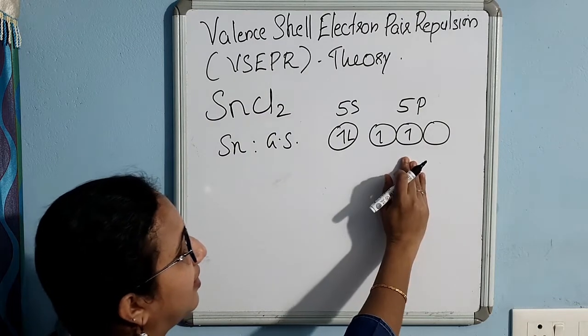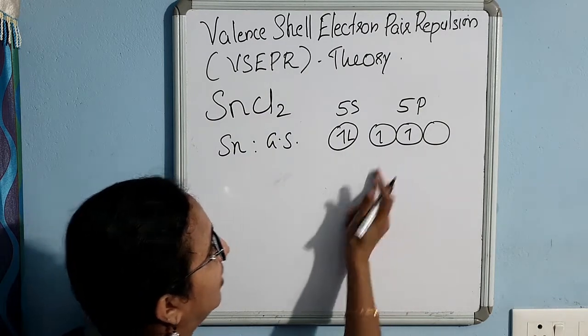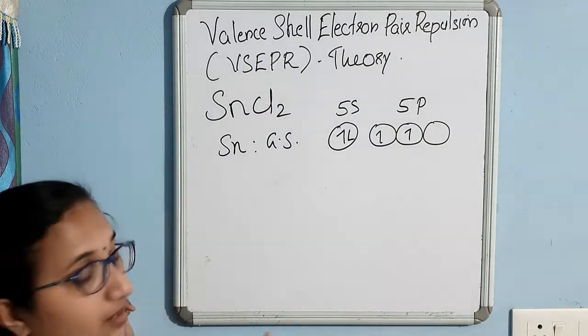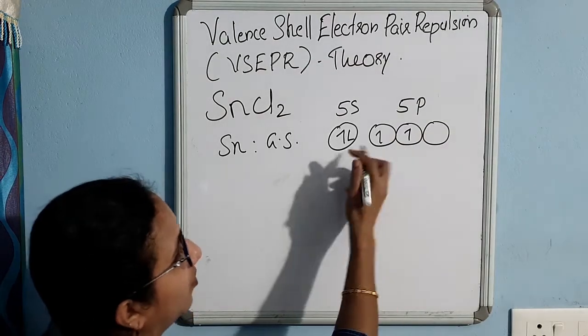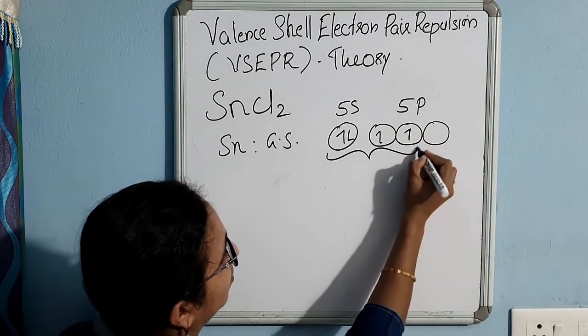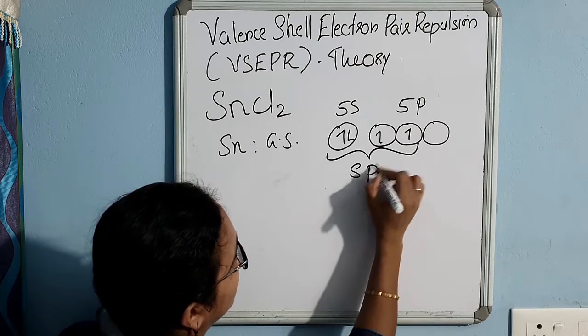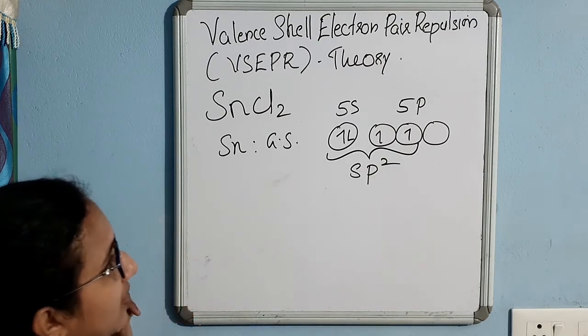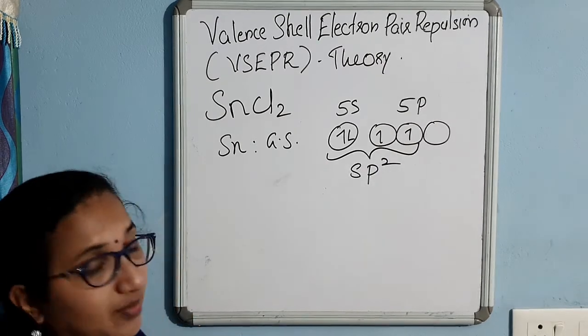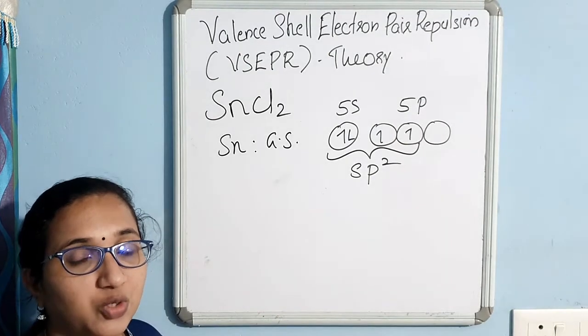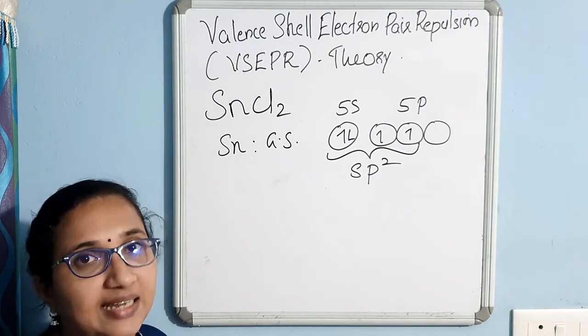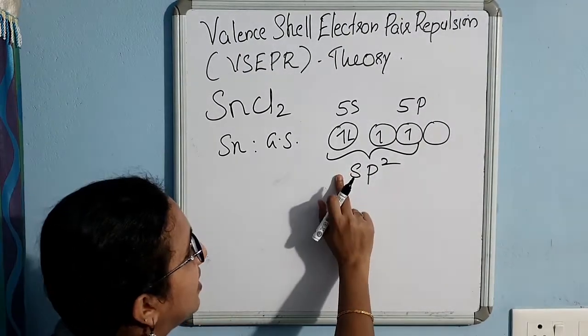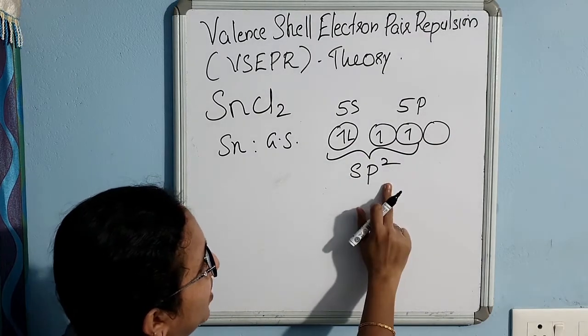As such, it can make available the half-filled atomic orbitals. Hybridization can be sp, sp2, sp3, sp3d and so on, so in this case the hybridization will be sp2.